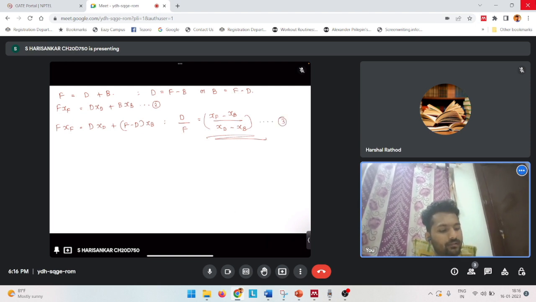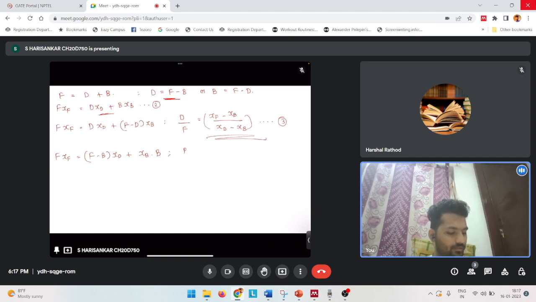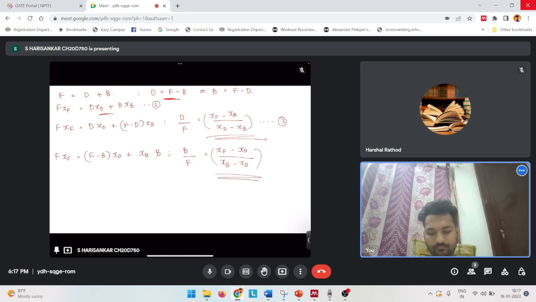And similarly, if we substitute D is equal to F minus B in this equation, we get F xF is equal to (F minus B) into xD plus xB into B. And if we rewrite this, we can write B by F is equal to (xF minus xD) by (xB minus xD). So let us say this is equation number 4.